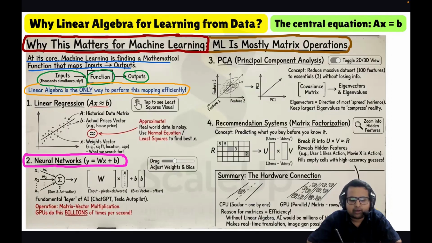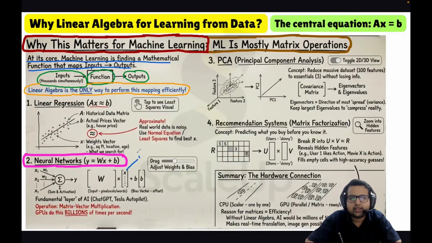Now let us understand the concept in neural networks. This is the fundamental layer of almost every AI, from ChatGPT to Tesla's autopilot. Let us understand this equation, the matrix view. Here in neural networks, the small x, the x vector, is the input.